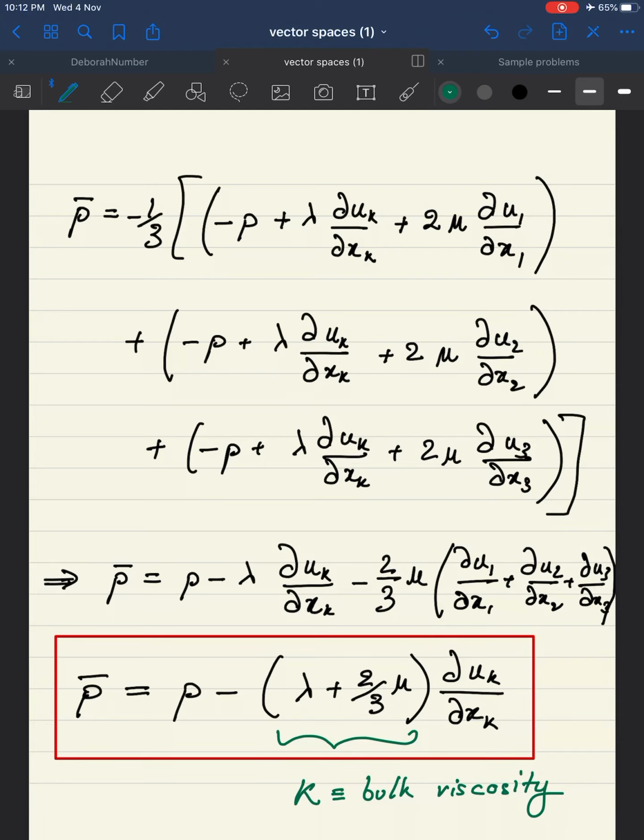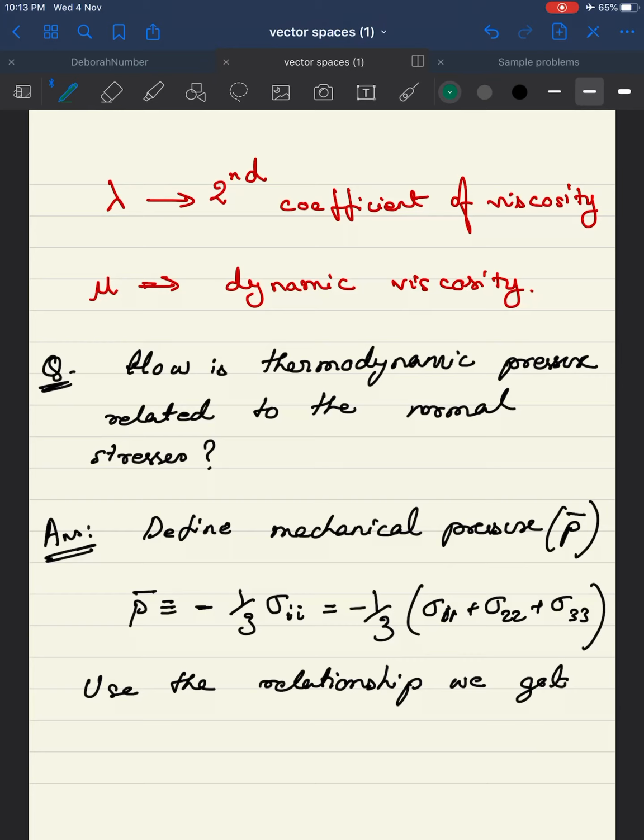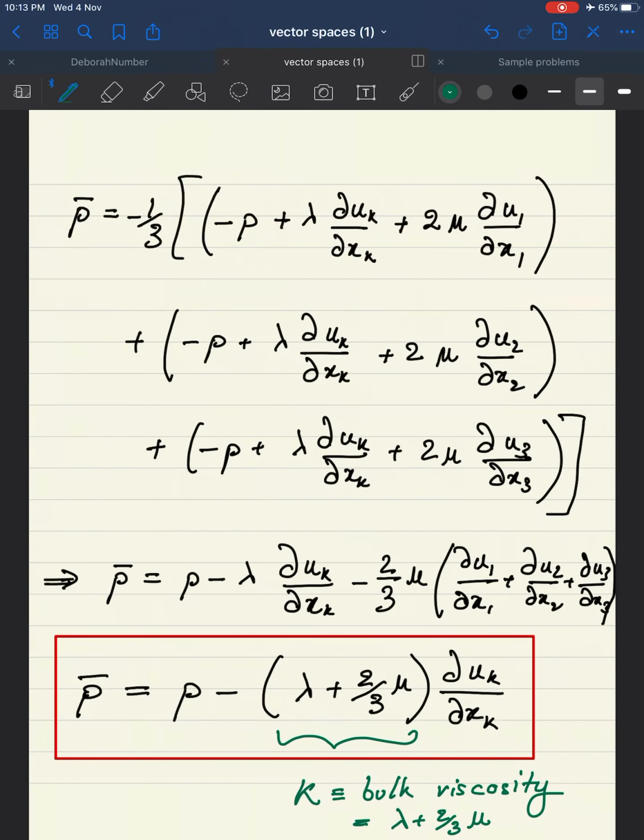Bulk viscosity is equal to lambda plus 2/3 mu. Lambda was the second coefficient of viscosity, and mu was the dynamic viscosity. I think we have written that, right? Dynamic viscosity, yeah, good.